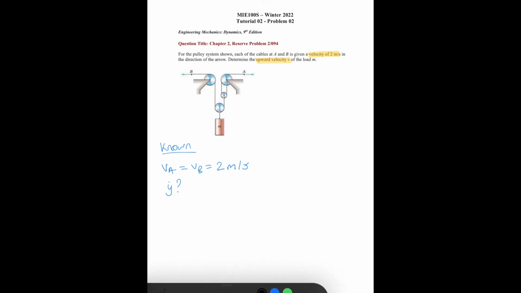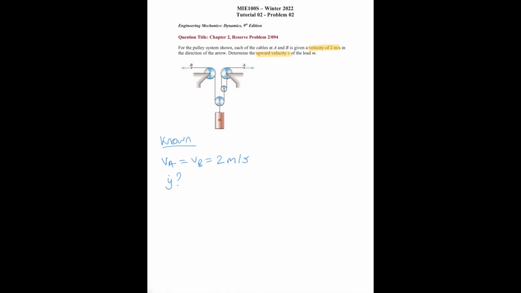So to solve this problem, we first need to know the lengths of the cables. So let's assume first that this distance over here is y1, and this distance over here is y2.